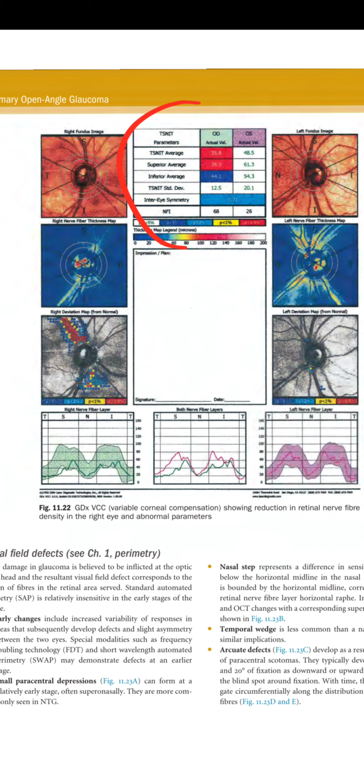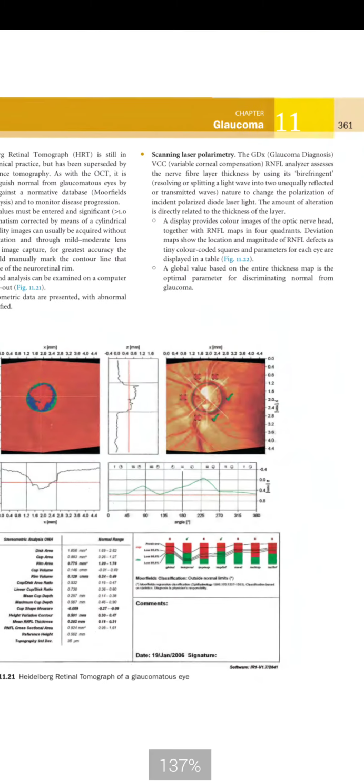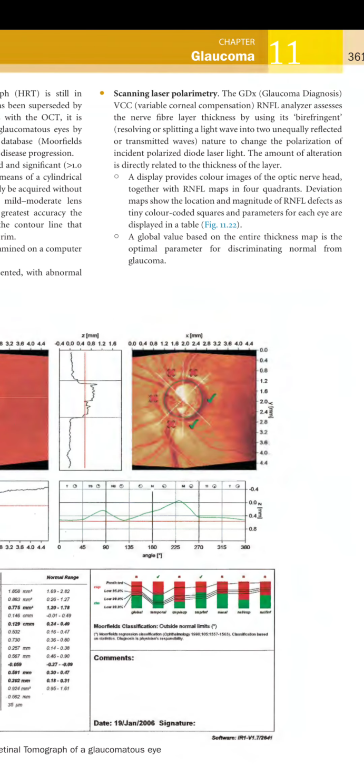So in the table you can see the abnormal values in red, and you can see the RNFL thickness. A global value based on the entire thickness map is the optimal parameter for discriminating normal from glaucoma.